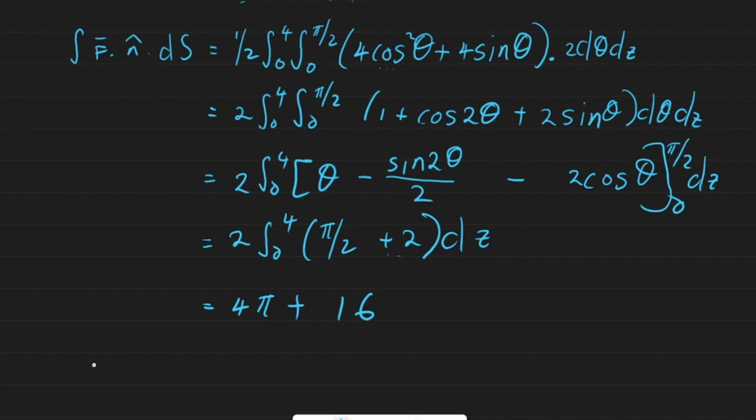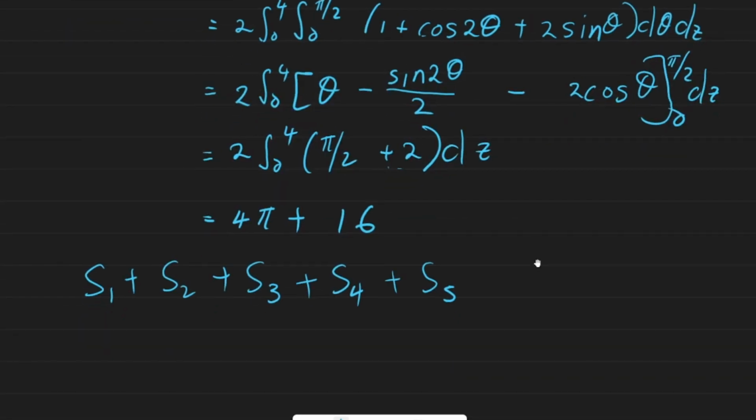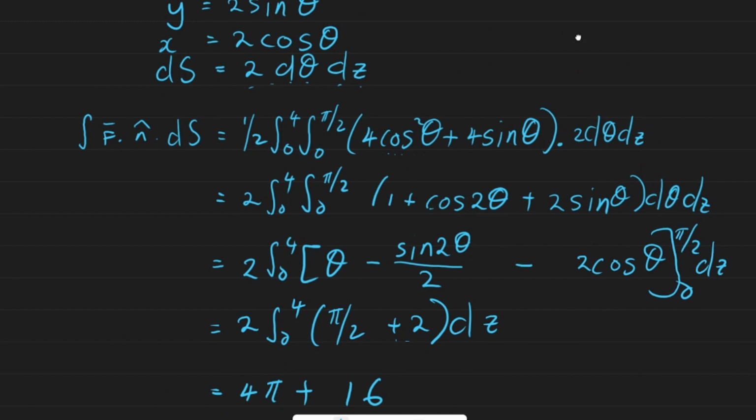So if we now add the surface integrals of all our things, S1 plus S2 plus S3 plus S4 plus S5, we add up all of these surface integrals. So we know that the last one is 4 pi plus 16. So what were the others? Let's just go up and see what the others were.